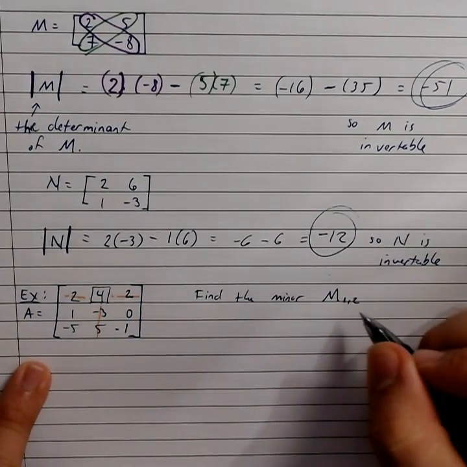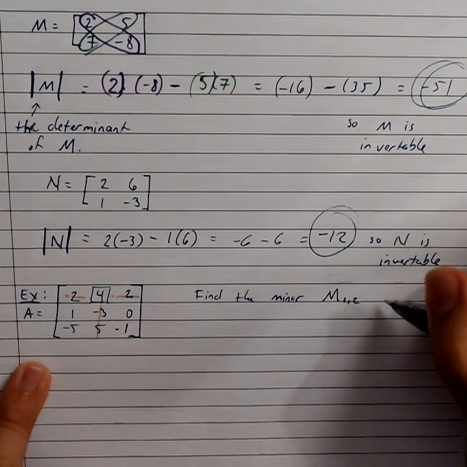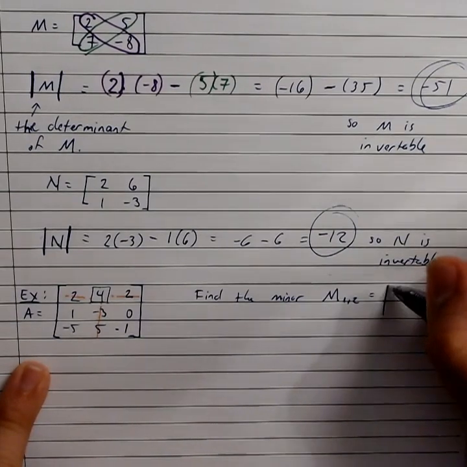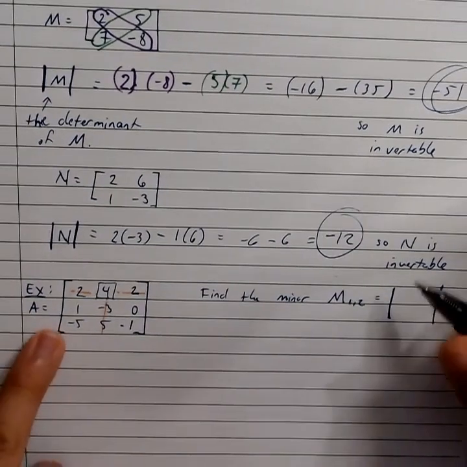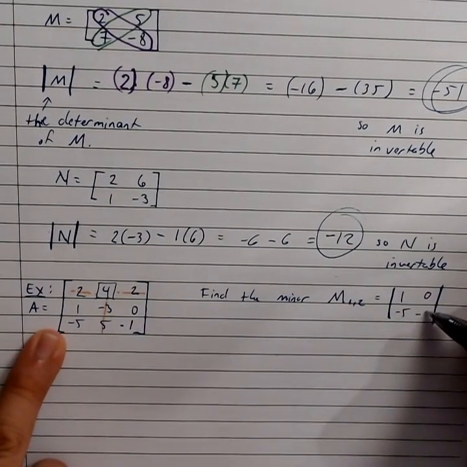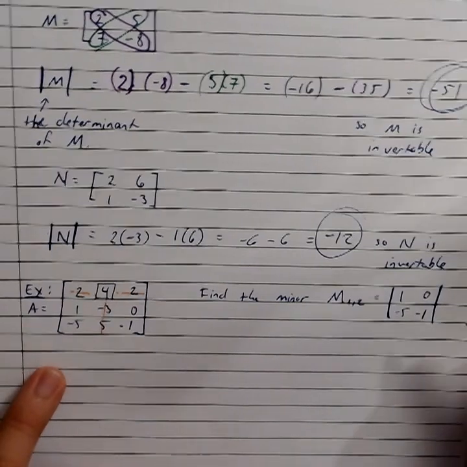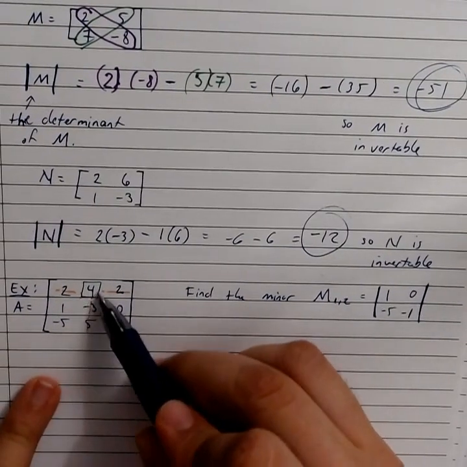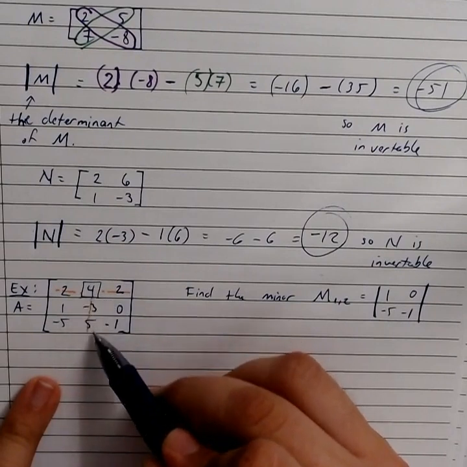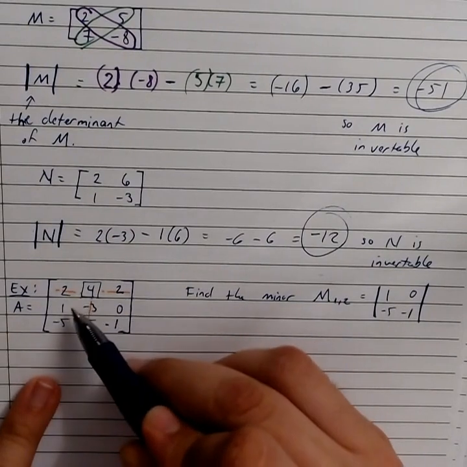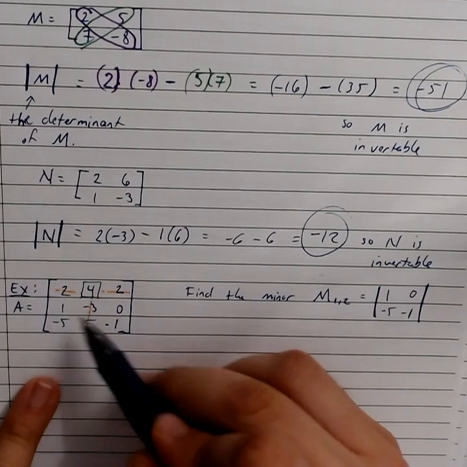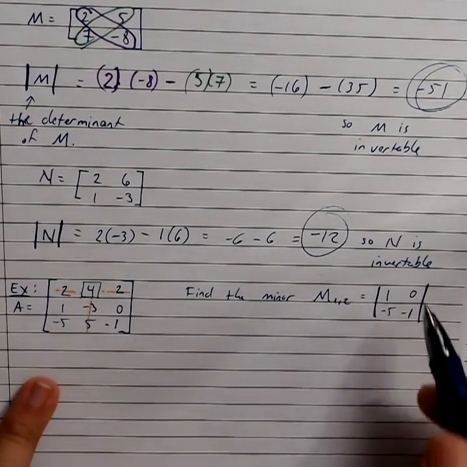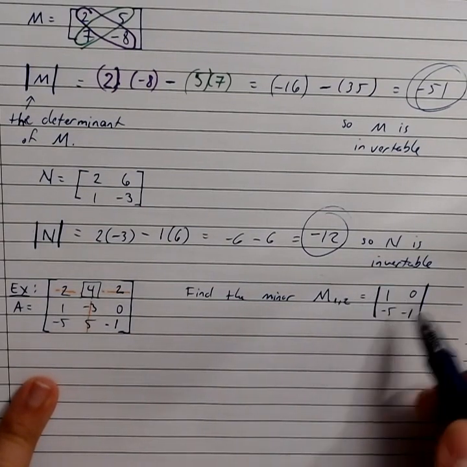The minor M1,2 is the determinant of that matrix that's left. 1, 0, -5, -1. I'll say that again. The minor of this number, you're going to ignore this column and this row, and you're going to be left with a smaller matrix. 1, 0, -5, -1. You're then going to find the determinant of that.